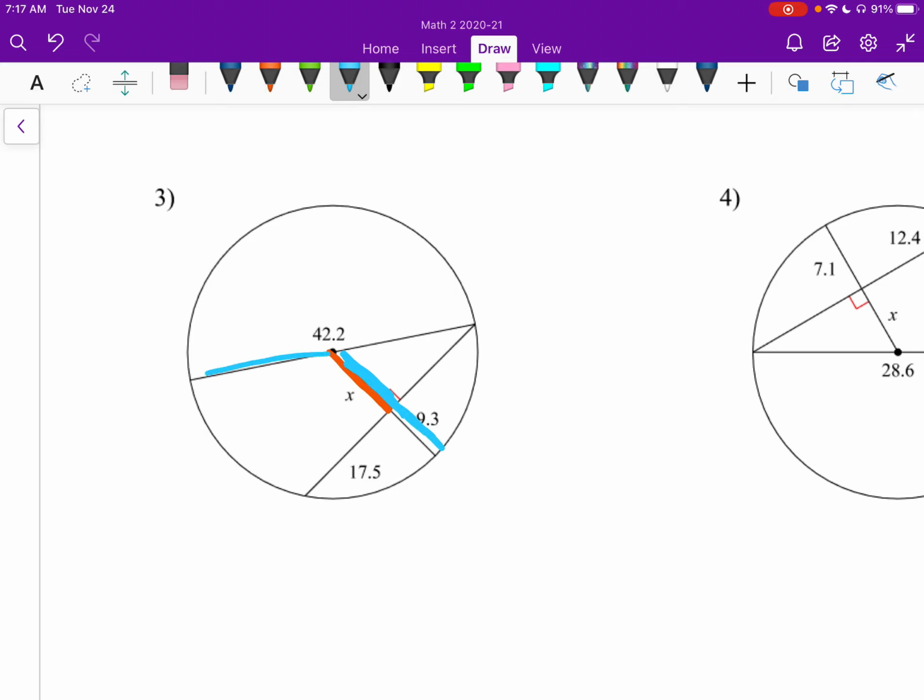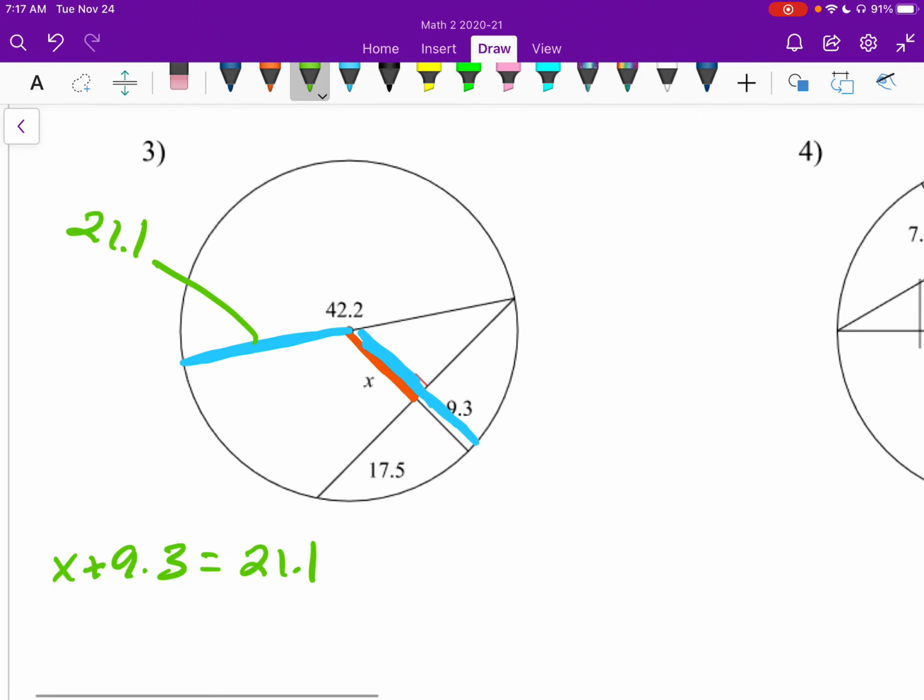We know that this over here is a radius. So I could say, well, this radius here is, what is 42.2 divided by 2? Well, that's 21.1. So I could say x plus 9.3 is 21.1. And I think that would be the easiest way to solve it.